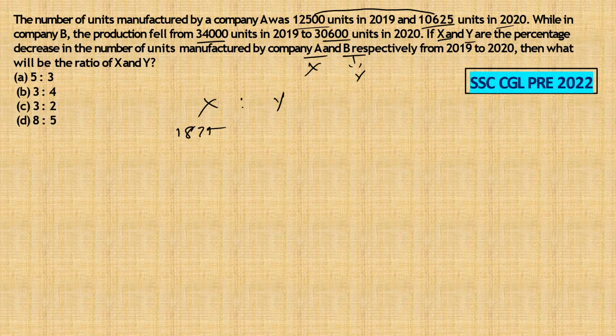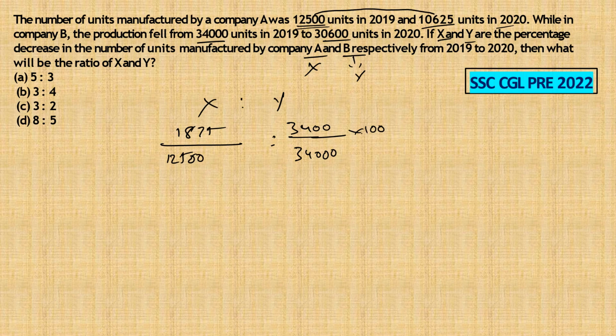And in company B, it decreased from 34,000 to 30,600, that is 3,400 decreased. We need to find the percentage, so 34,000 is the last year's production. 1875 is decreased upon 12,500 into 100.